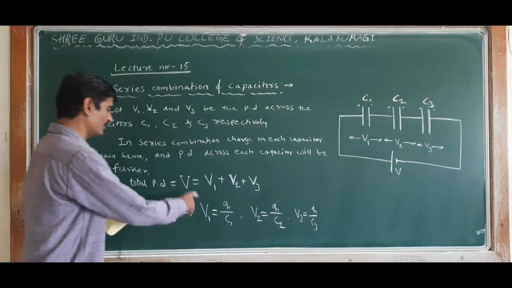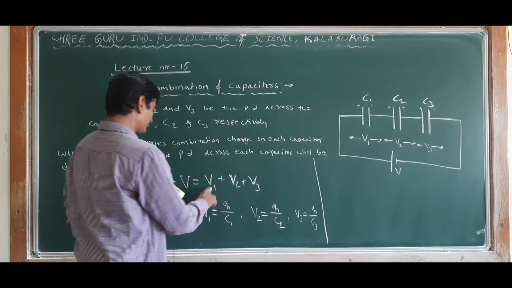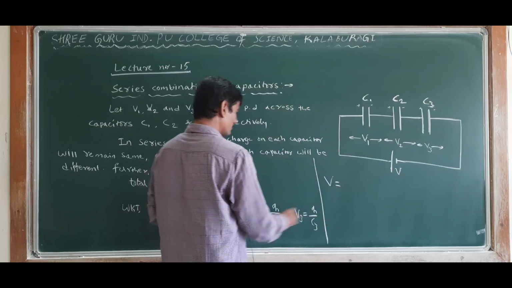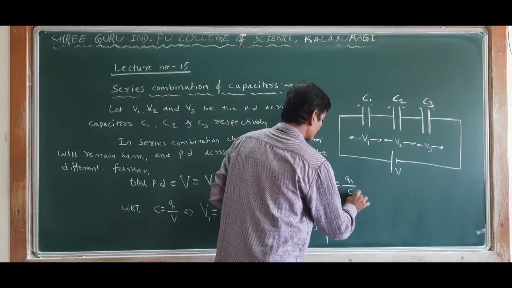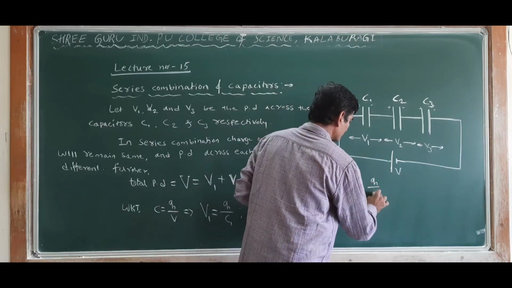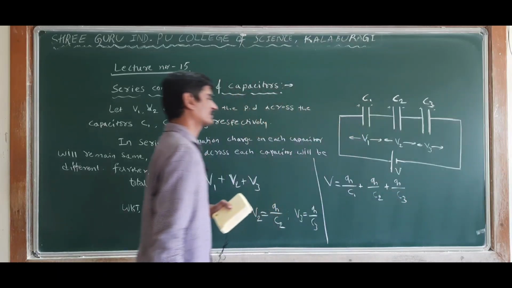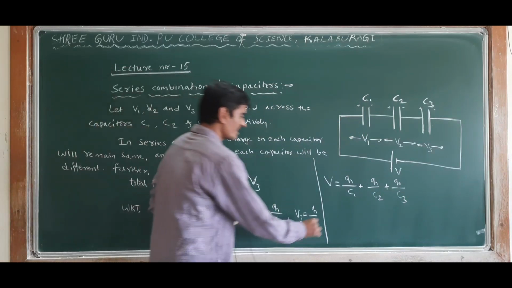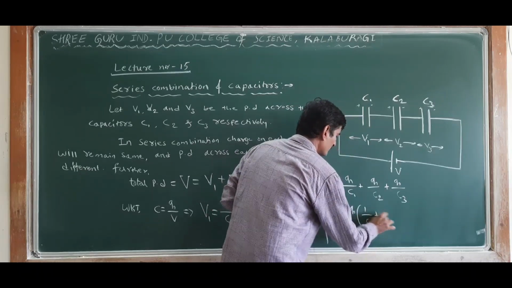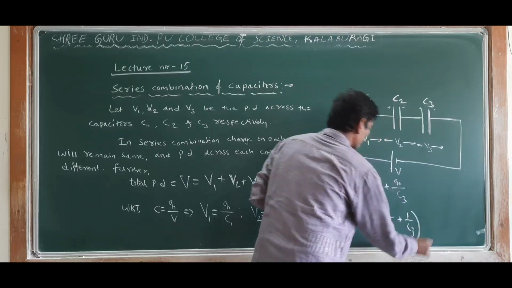Now substitute these values in the above equation: V is equal to Q by C1 plus Q by C2 plus Q by C3. Now Q is taken common, so V is equal to Q times 1 by C1 plus 1 by C2 plus 1 by C3.